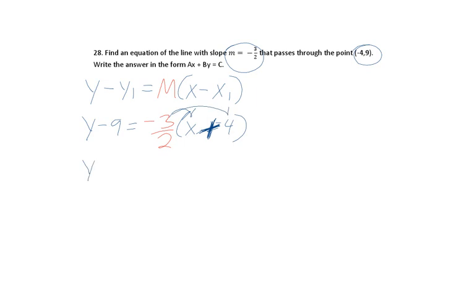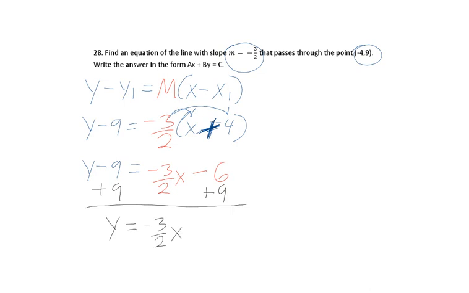So you're going to get y minus 9 equals negative 3 over 2x. Negative 3 times 4 is negative 12. Negative 12 divided by 2 is negative 6, minus 6. And then the next step is to add 9 to both sides to get y alone. So what you get is y equals negative 3 over 2x plus 3.